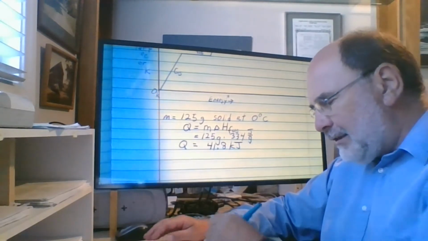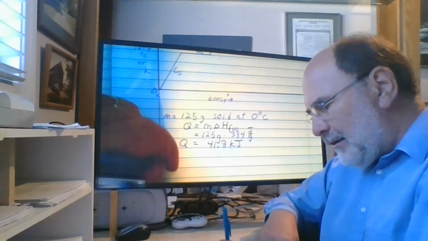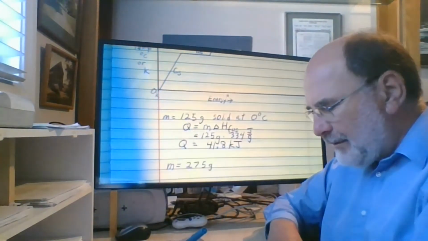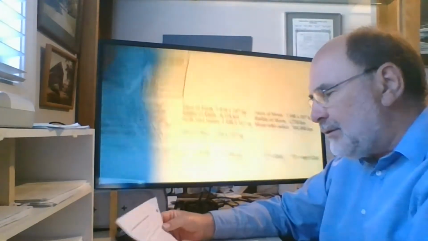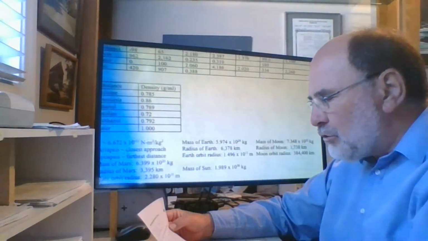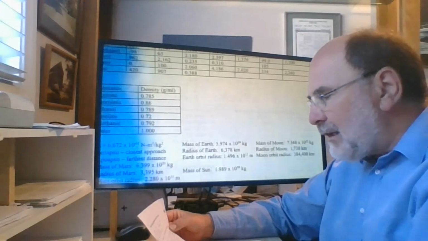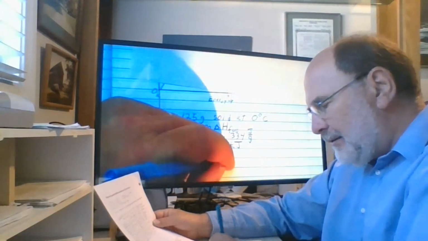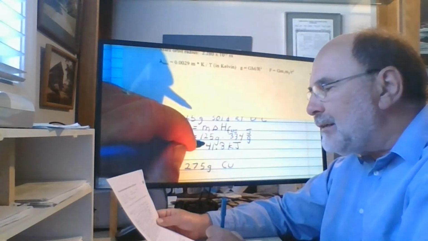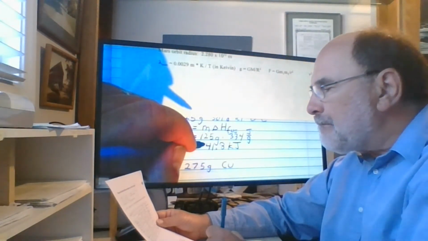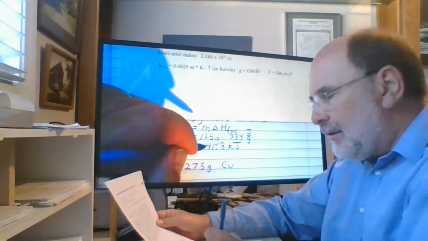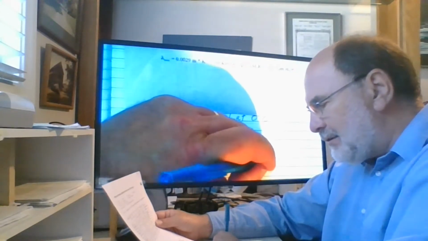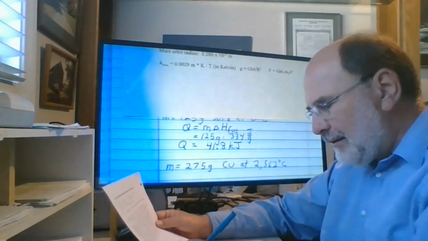This time I'm going to take a mass of 275 grams of copper, and this will be at its boiling point, 2,562 degrees Celsius.